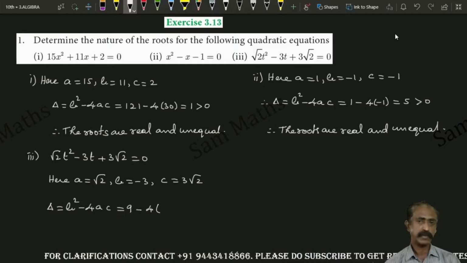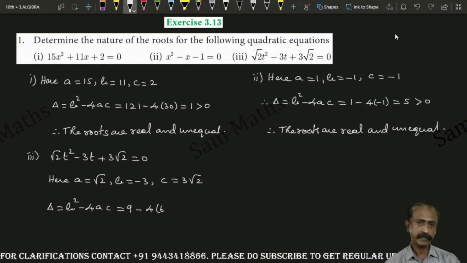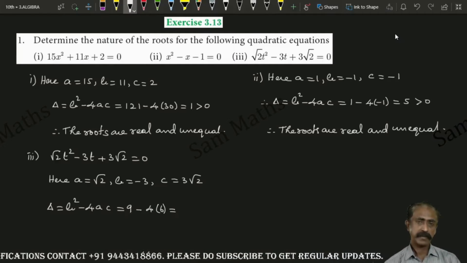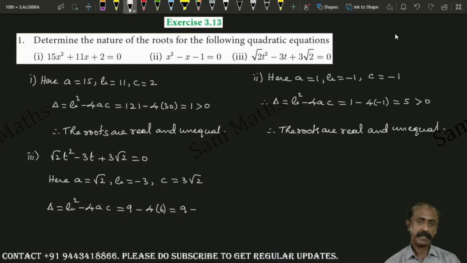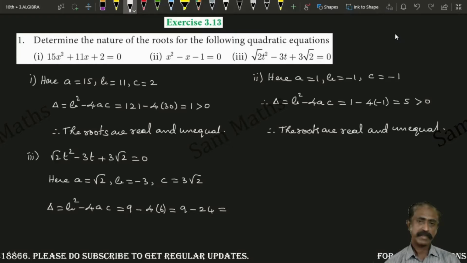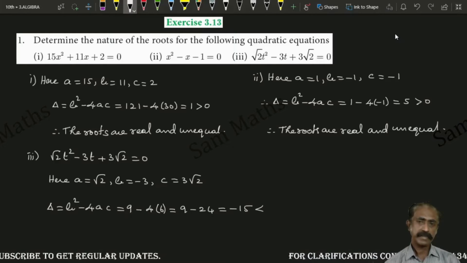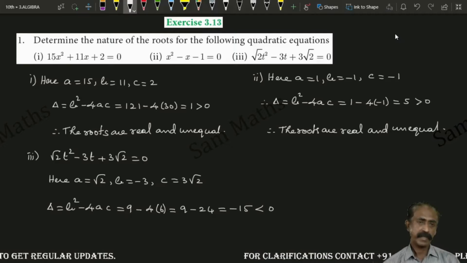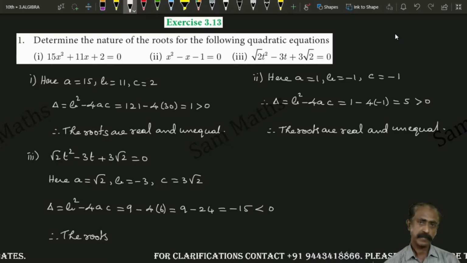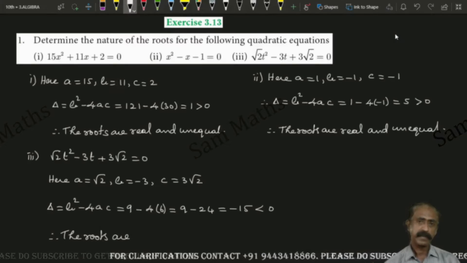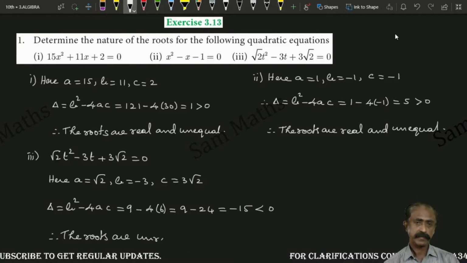Root 2 into root 2 is 2, 2 threes are 6, so 4 into 6 is 24, which is equal to 9 minus 24, equal to minus 15, which is less than 0. Therefore, the roots are unreal.